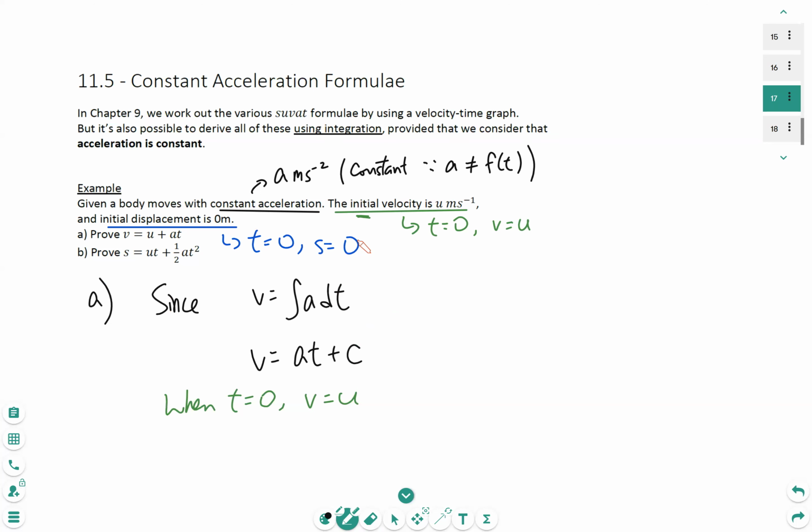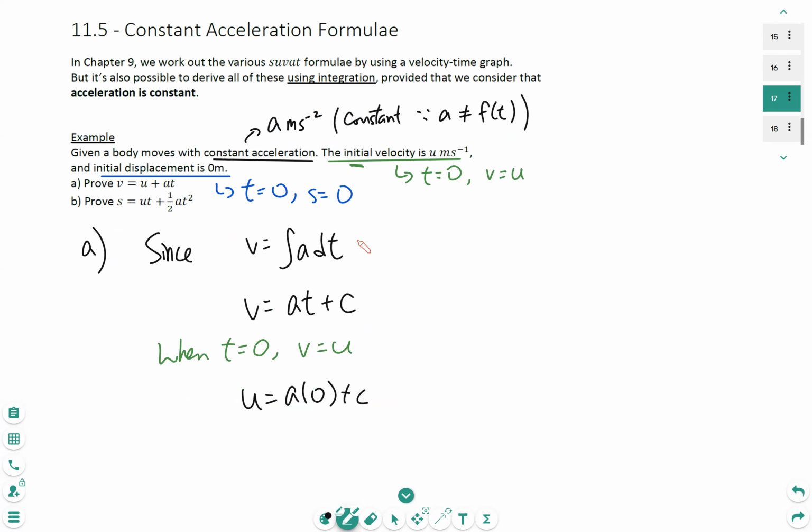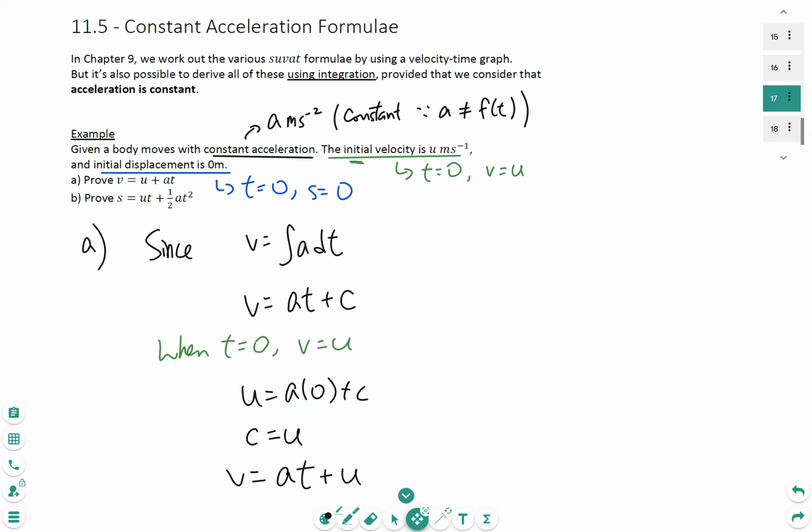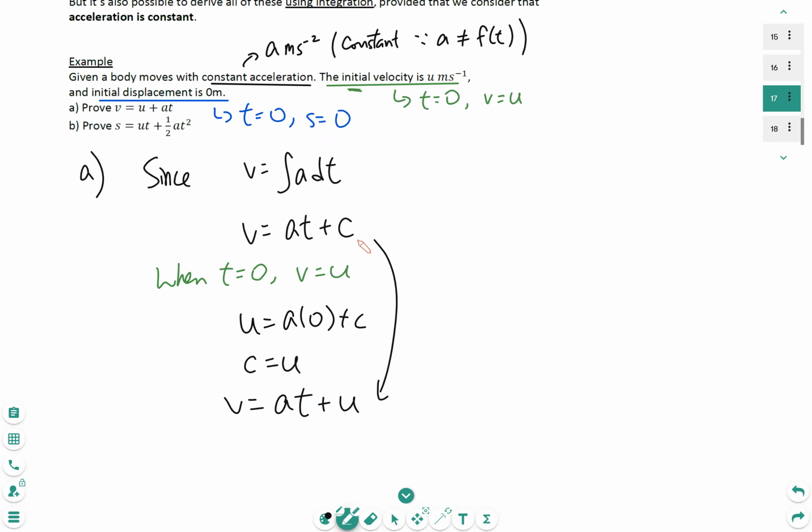So u equals a times 0 plus c. So that's 0, so c equals u. So v equals at plus u. Therefore v equals u plus at. Happy. All right, that's one.